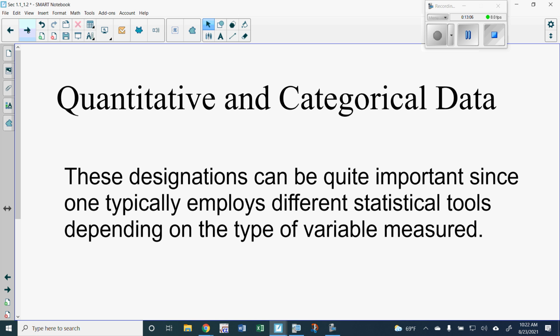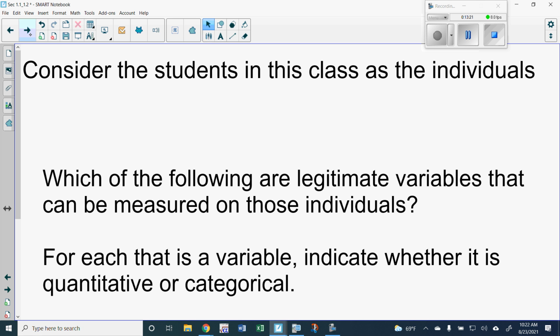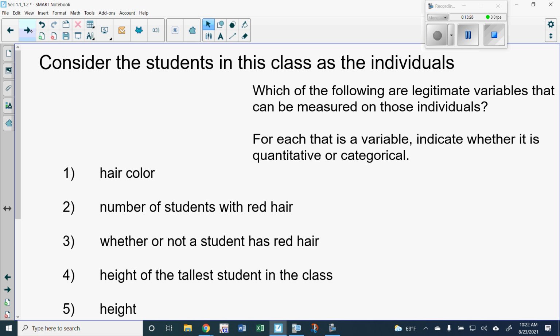So let's consider all of you are the individuals. And let's look at a list. You have 4, I think, at the bottom, and then the next 3 are on the back. So what I want you to do is consider these, and I'm going to have you do it by yourself first for just 2-3 minutes, and then we'll partner up to compare answers. First, you have to decide, is the thing listed a variable?